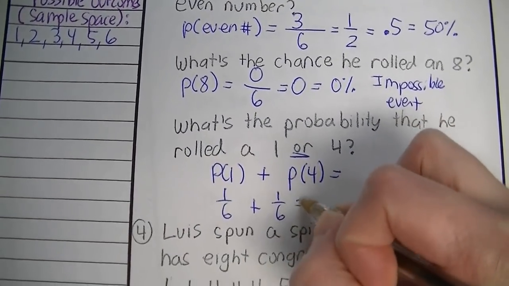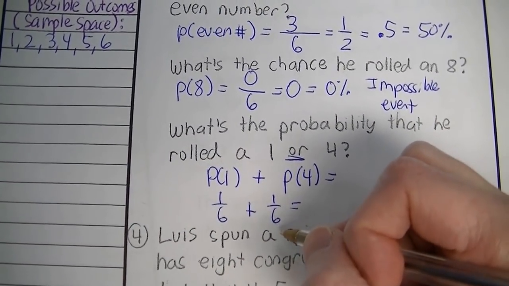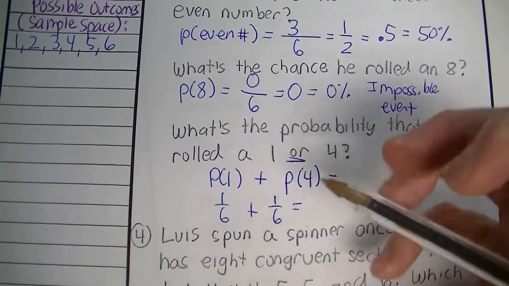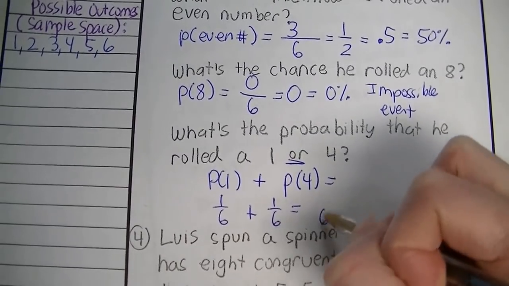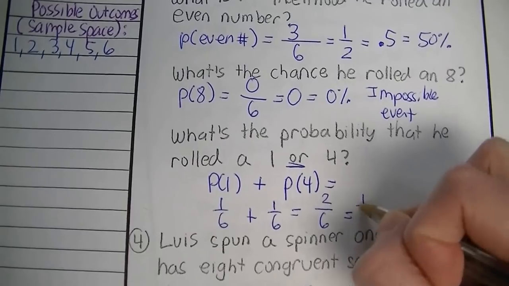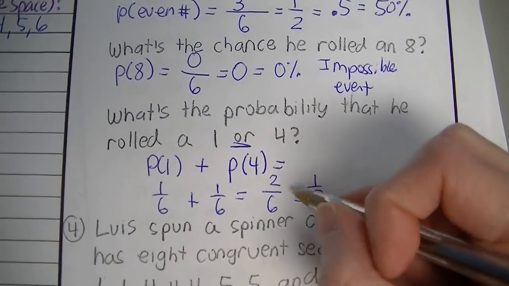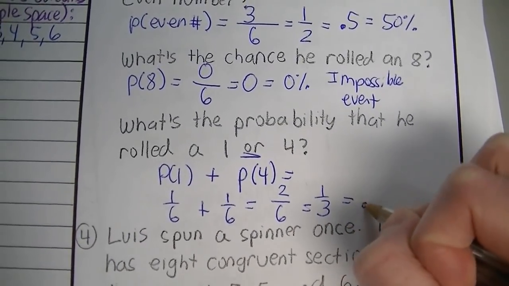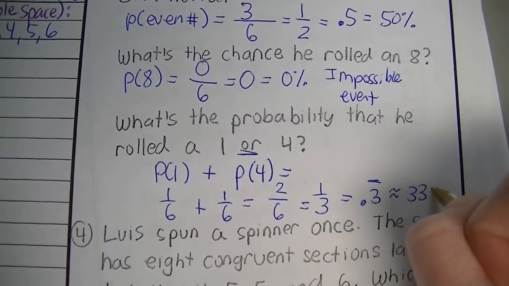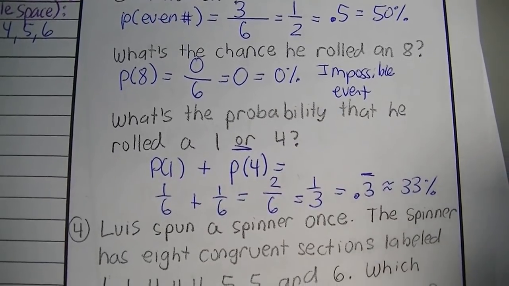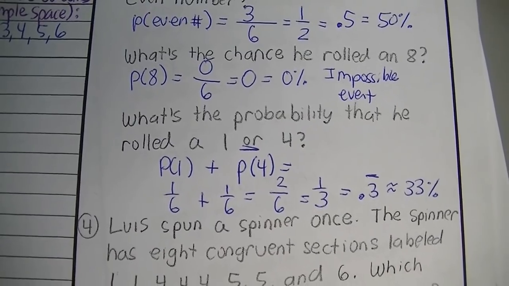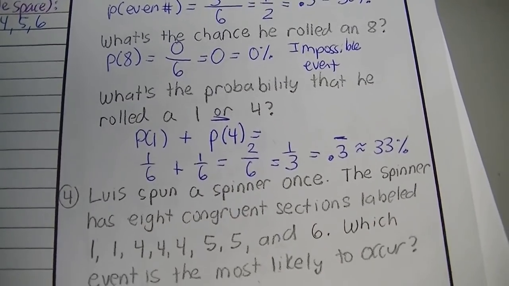Whenever you add fractions, you add their numerators as long as the denominators are the same. So it's over 6. 1 plus 1 is 2, so 2/6, which simplifies to 1/3. And 1 divided by 3 or 2 divided by 6 gives you 0.3 repeating, which is approximately 33%. So that's an unlikely event, because that's where it falls on the probability scale.